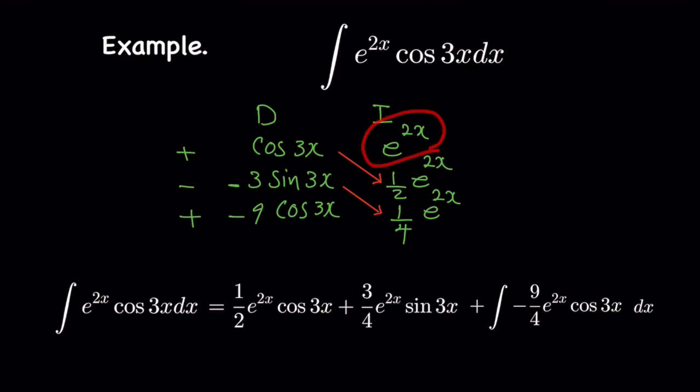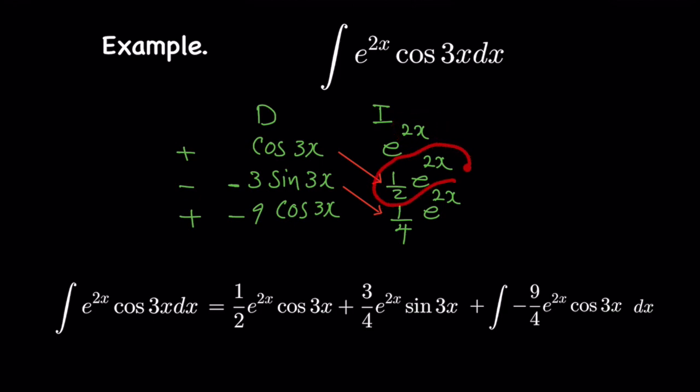In the integral column, I start with e to the 2x, and I keep integrating. Integral of exponential function is itself. So integral of e to the 2x is going to be e to the 2x, but you need to divide by the coefficient of x, which is 2.